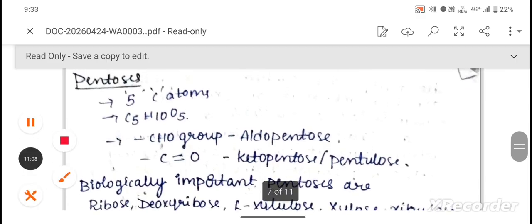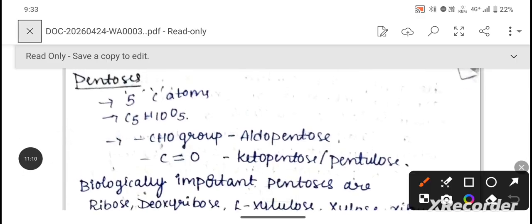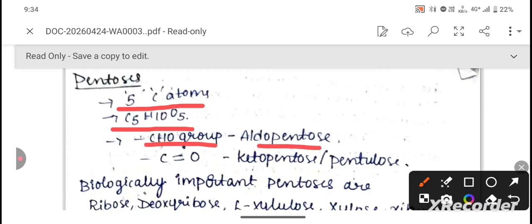Next, pentoses. The pentoses consist of 5 carbon atoms in their structure, and the molecular formula is C5H10O5. If the pentose contains an aldehyde group, it is known as aldopentose. If it contains a keto group, it is known as ketopentose or pentulose.